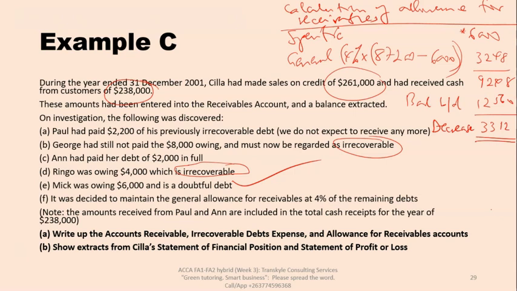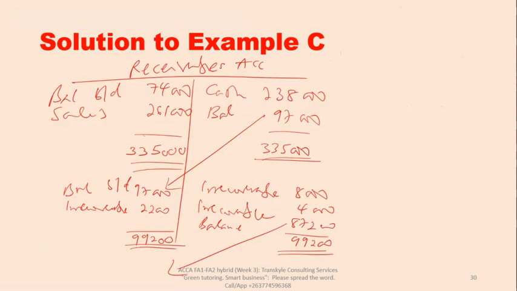So a decrease in allowance, is it a loss or a gain? Obviously, some gain of some sort. So let us draw the other accounts outstanding here. Allowance for receivables.